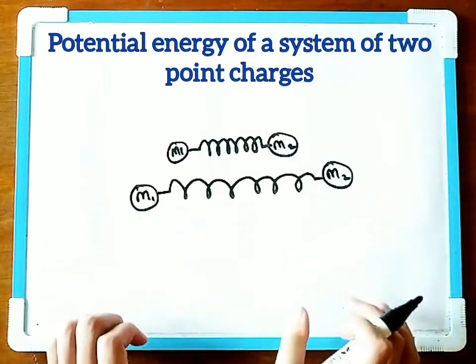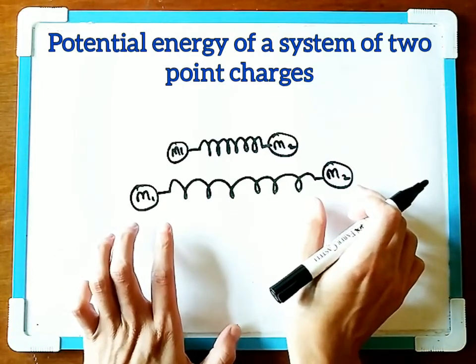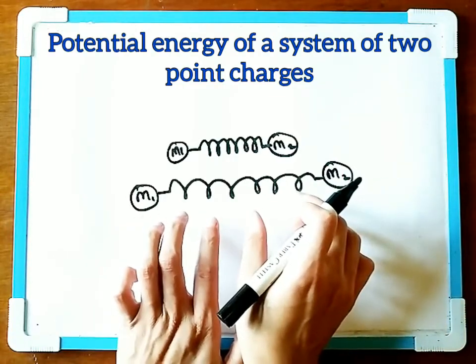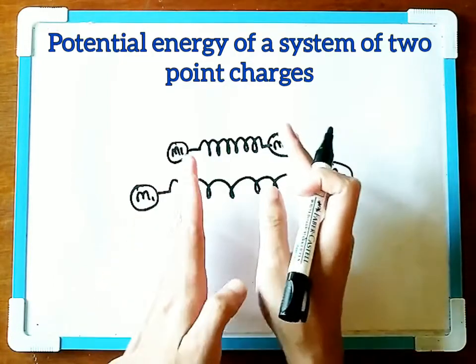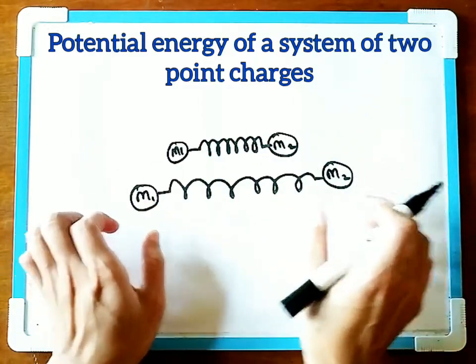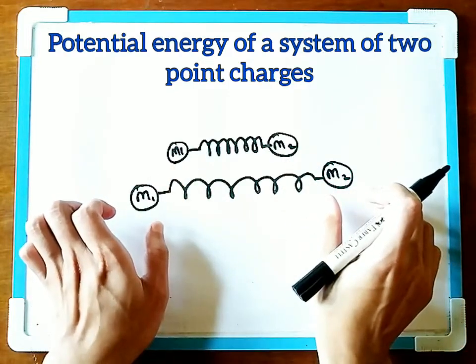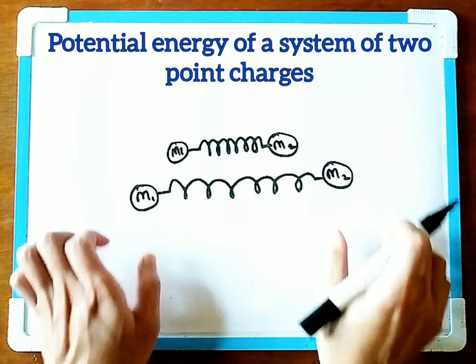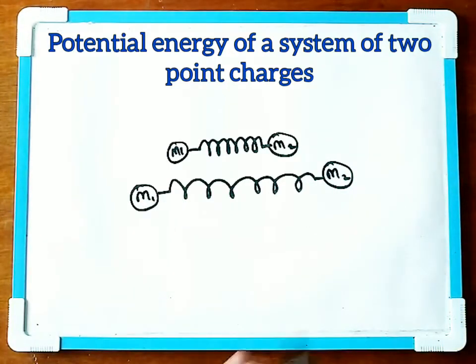So if you release these two objects, M1 and M2, they will move towards one another. If we compress it, remember, they will move away from one another. If we stretch it, against the restoring force, after releasing the two mass objects, they will come towards one another. So that is the concept of potential energy.